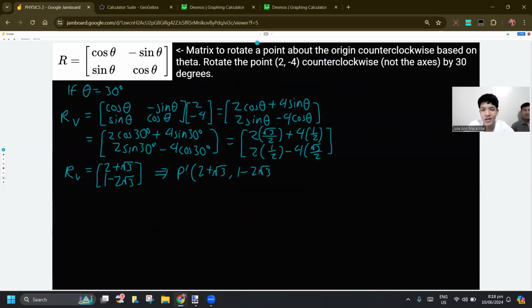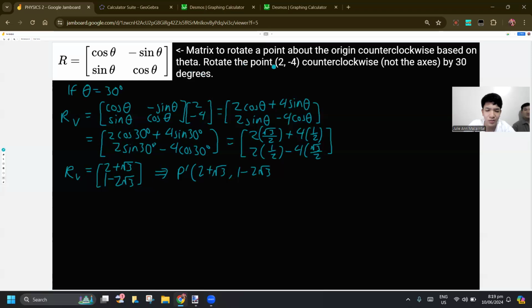When we rotate the axis counterclockwise, the point will move clockwise with respect to the axis. But now we move the point relative to the axis counterclockwise. We actually move the point, not the axis.